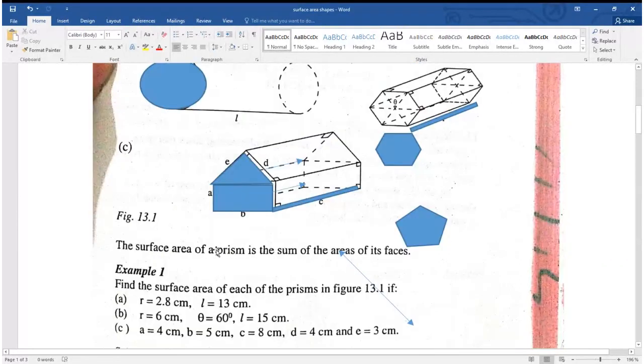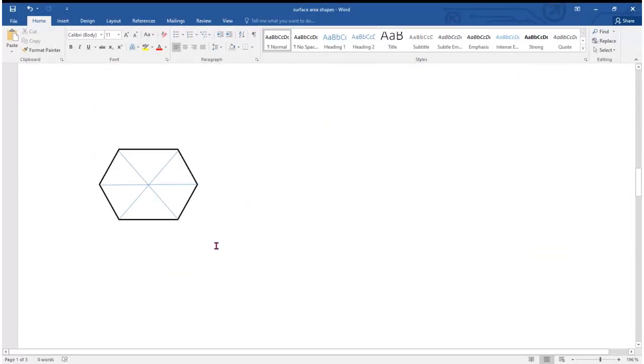Radius is the distance from the center to the edge of this solid here. From the center to each of the edges, we have the radii. All these ones represent the radius. And then theta is going to be found between any two triangles that we have.